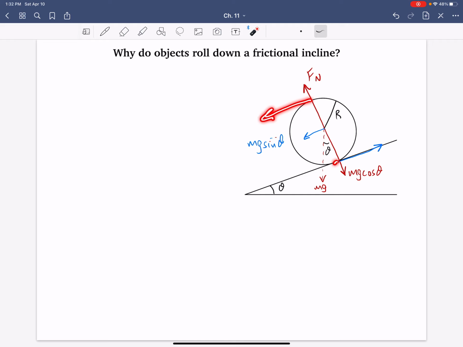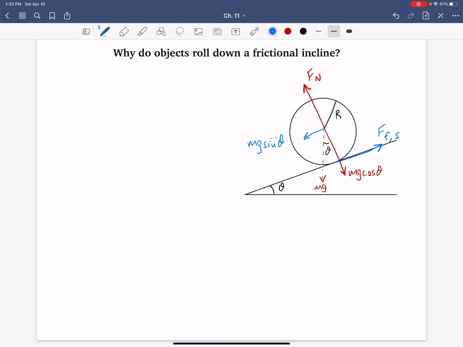Friction is trying to move it back up the incline. So that is the direction of the force of friction, and it's the static friction. I should mention that that's not the same as the maximum static frictional force in this case. It's just static friction. And I believe those are the only forces.